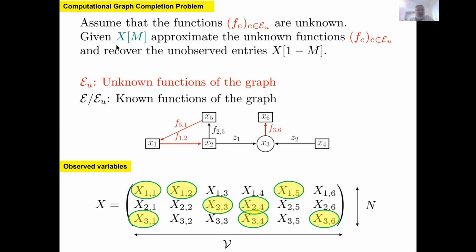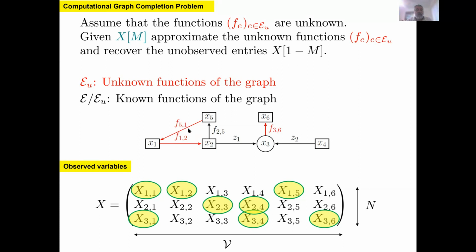Then, given the data, so given the observed entries of the matrix X, approximate all the unknown functions and recover the unobserved entries of the matrix X. Observe that this problem combines a regression problem, that is approximating the unknown functions of the graph, with the matrix completion problem, that is completing the matrix X.